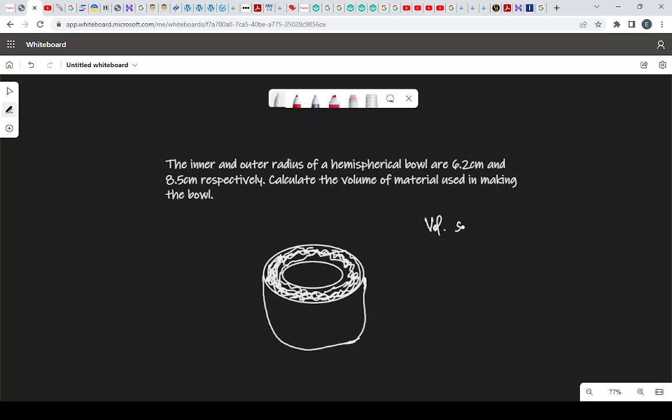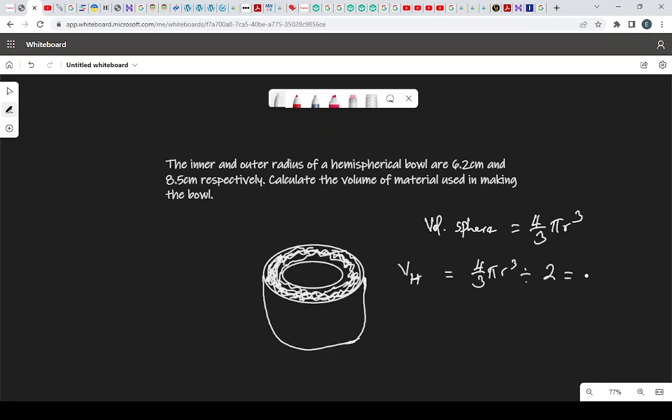To start with, volume of a sphere is 4/3 pi r cubed. That means the volume of a hemisphere, which is half of a sphere, let me call it V subscript H, is 4/3 pi r cubed divided by 2. That is half of a sphere, so we divide the volume of a sphere by 2.